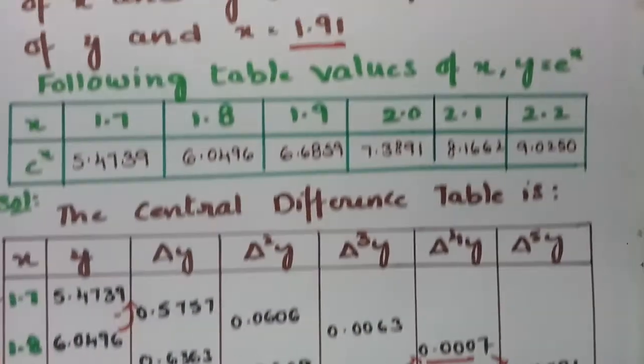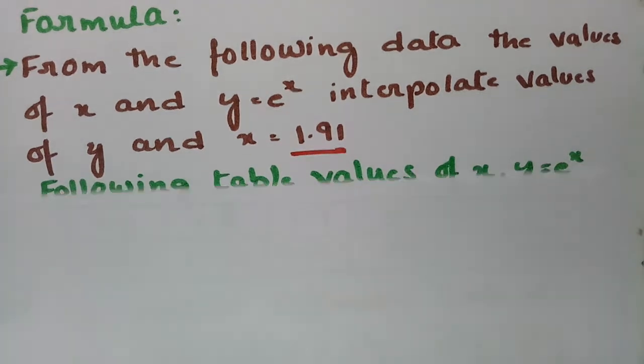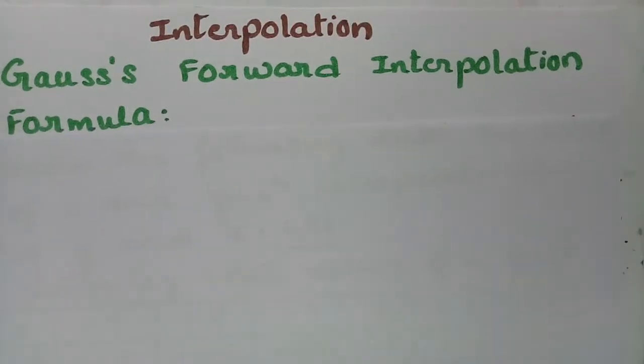After getting this p value, I have to use Gauss's forward interpolation formula. I have said many times in my videos that it's very easy to remember.